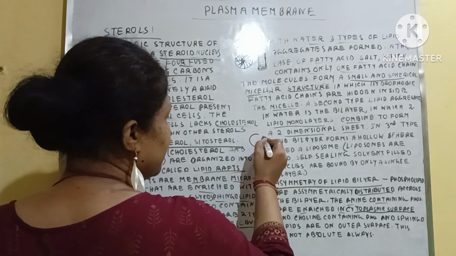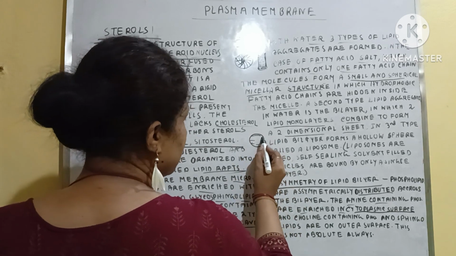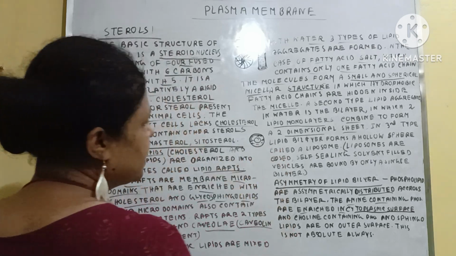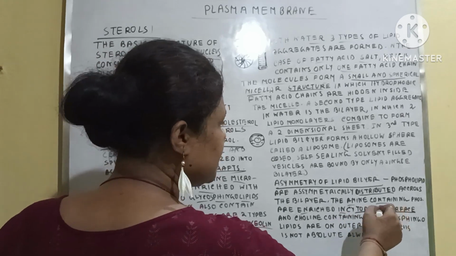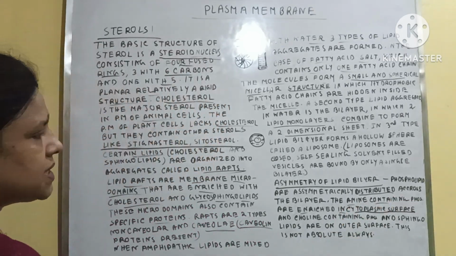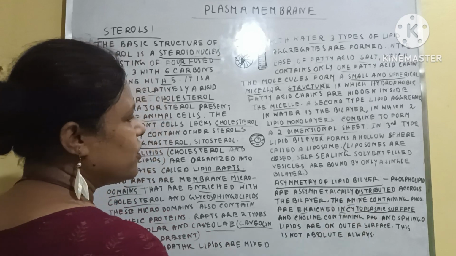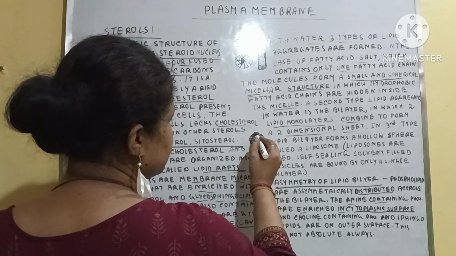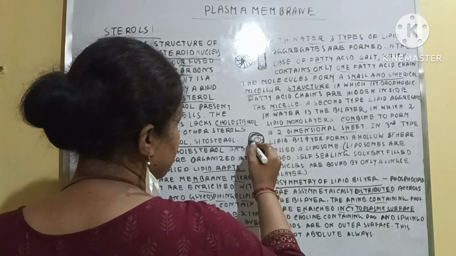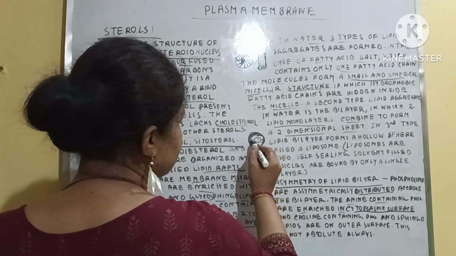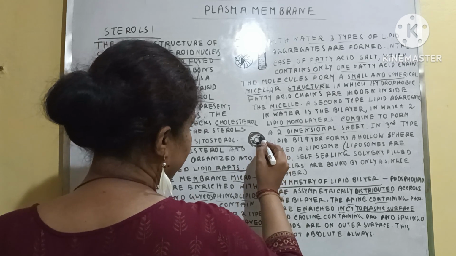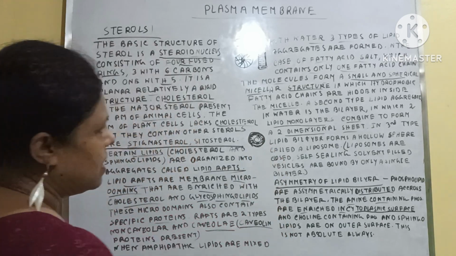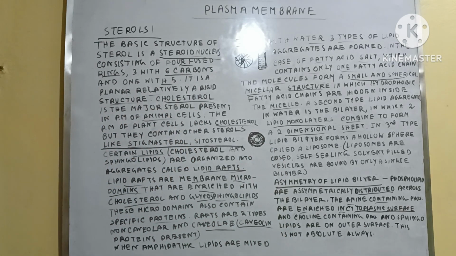That means this is the cell, so this is the cytoplasmic area, and this is the nucleus. The choline-containing phospholipids and the sphingolipids are on the outer surface. So in the cytoplasmic area there are some lipids, and on the outer surface other lipids are seen. This is the asymmetry of the lipid bilayer.